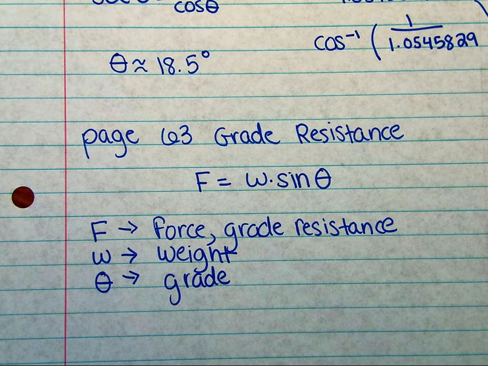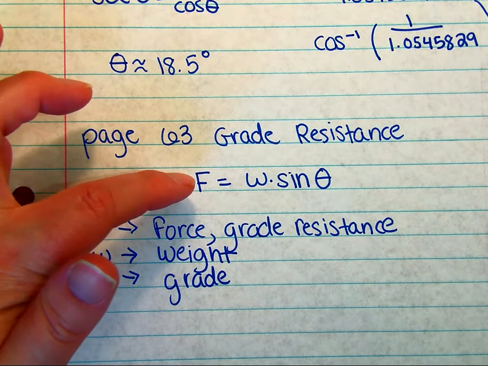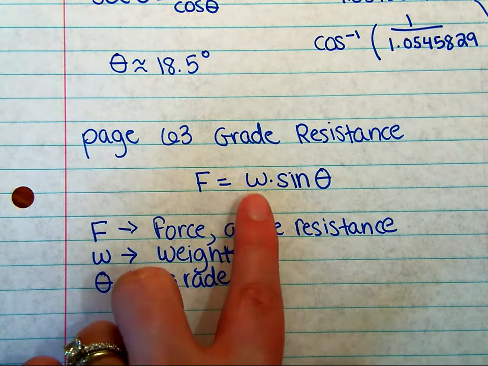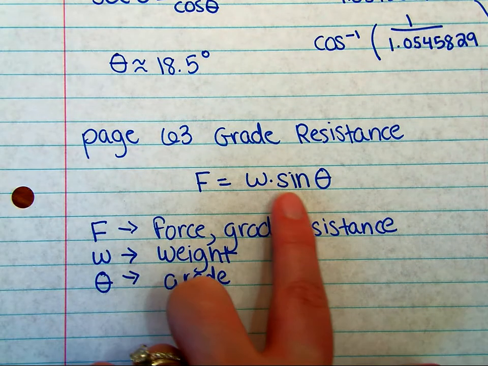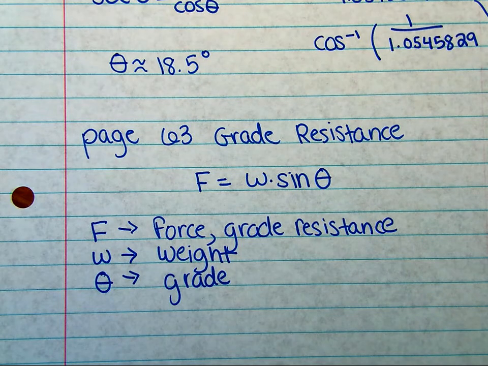I think the easiest one would obviously be to solve for force when you know the weight and theta, because then you're just evaluating. The other 2 take a little bit more work, but you should still be able to solve for them. Okay? So, there are examples on page 63 that I'm going to do.